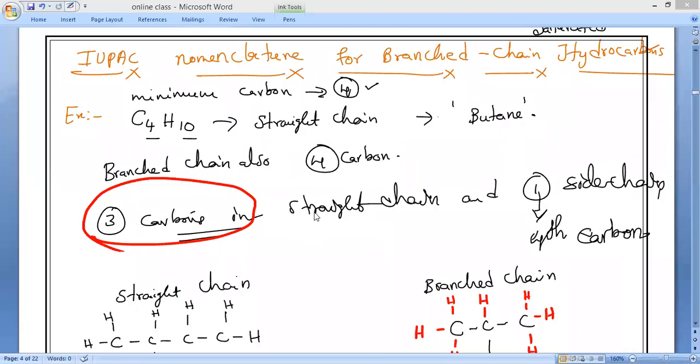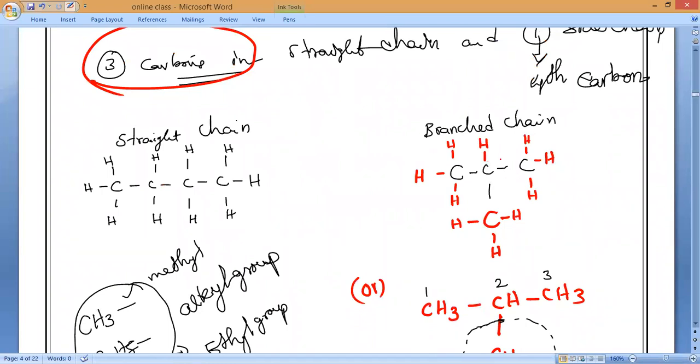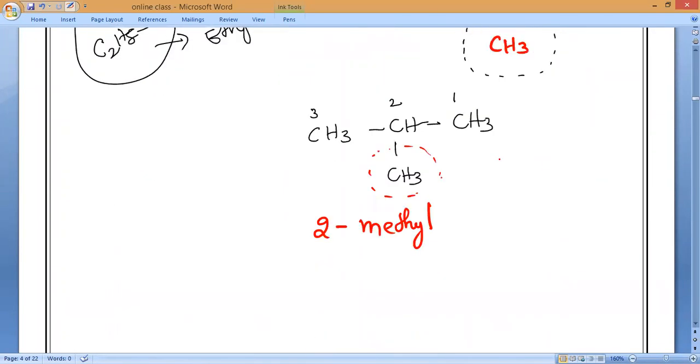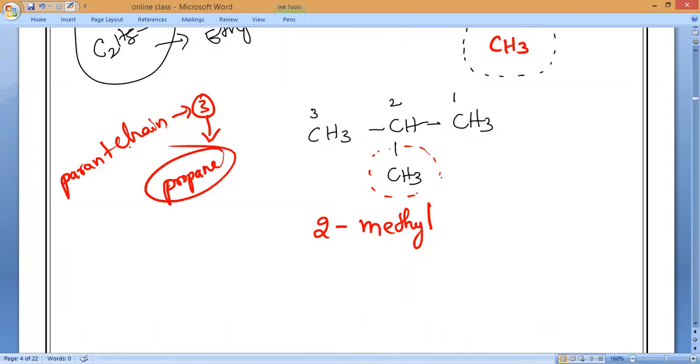Propane. So the parent chain is very important, and here the parent chain is 3 carbons, which is propane. So its name is called 2-methyl propane. Is it okay, everybody? How many of you understand?